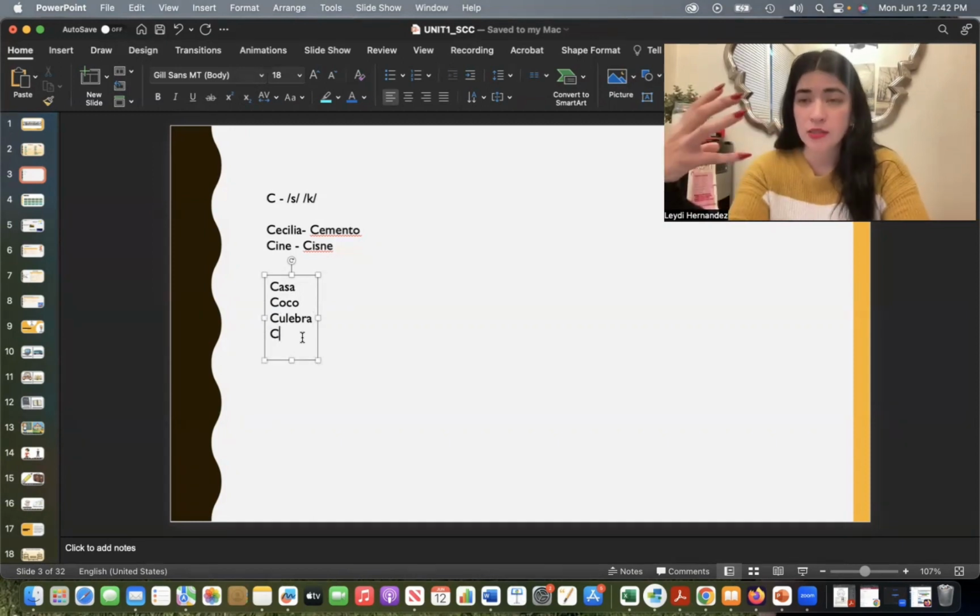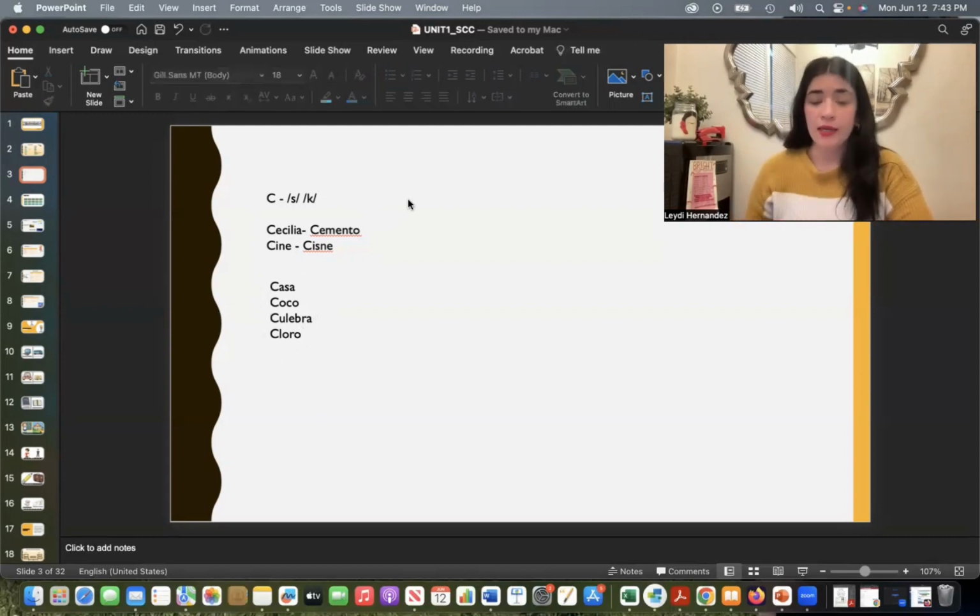Now, if we have a consonant, let's say L, the sound is also like the K. Cloro, bleach. Okay, so again, the letter C has two sounds depending on the letter that follows it.